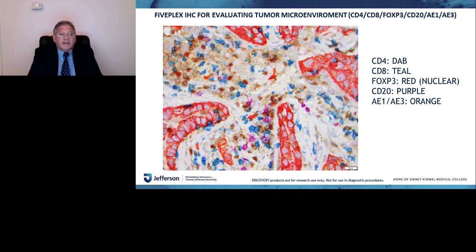This is exactly the same 5-plex that I showed you with the previous picture, but somehow the A1A3, instead of yellow, is orange. What we used was actually yellow as well. So the difference between these two multicolor images is the sequence of laying down the colors, which basically tells you that the sequence of laying down your colors on the slide is very important.